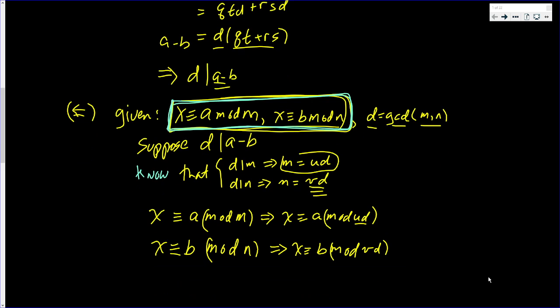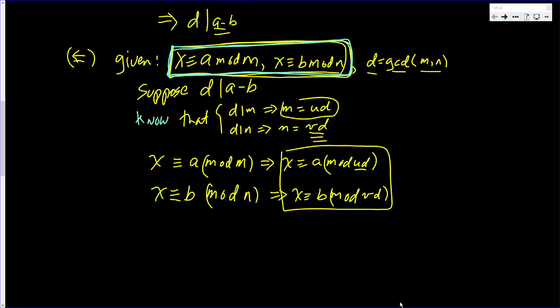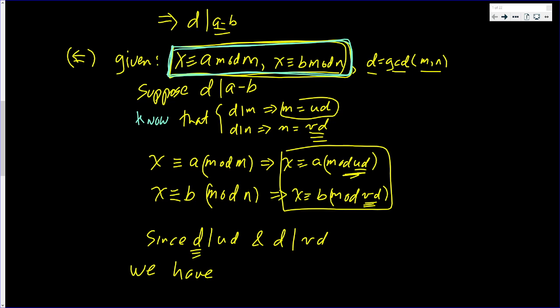Okay, so basically now we have these two congruences, and since d divides ud and d divides vd, I can use this instead of those two mods.